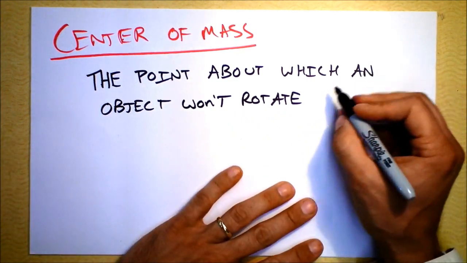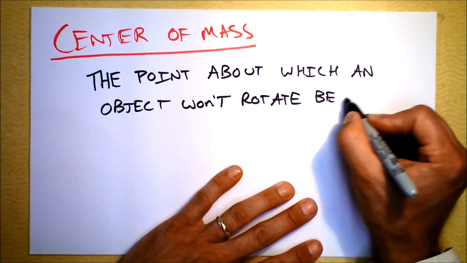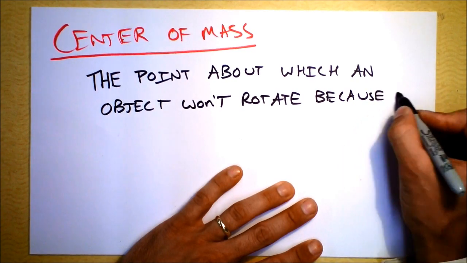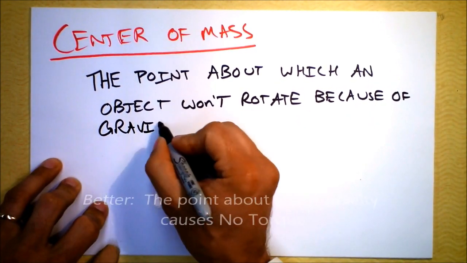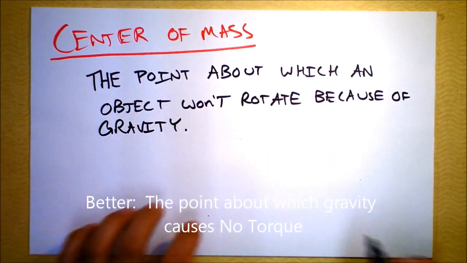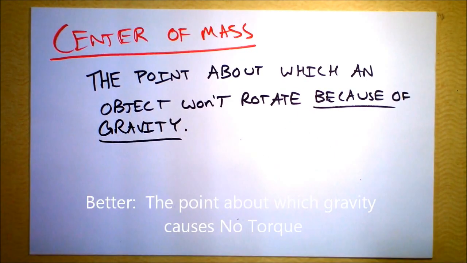Let's see, won't rotate because of gravity. It is certainly possible for an object to rotate about its center of mass, and that's a standard thing that happens, but it won't begin to rotate about its center of mass because of the force of gravity.